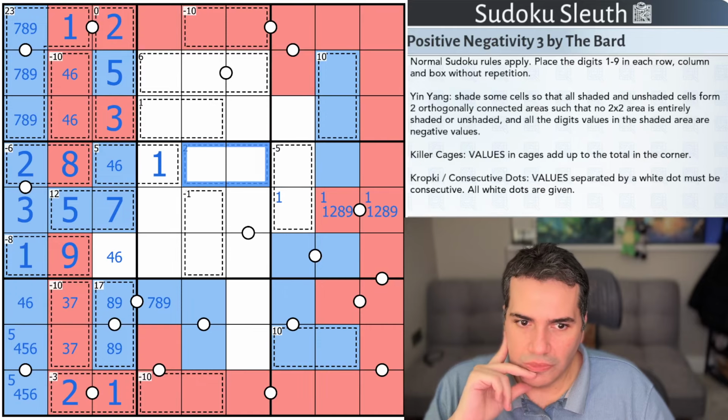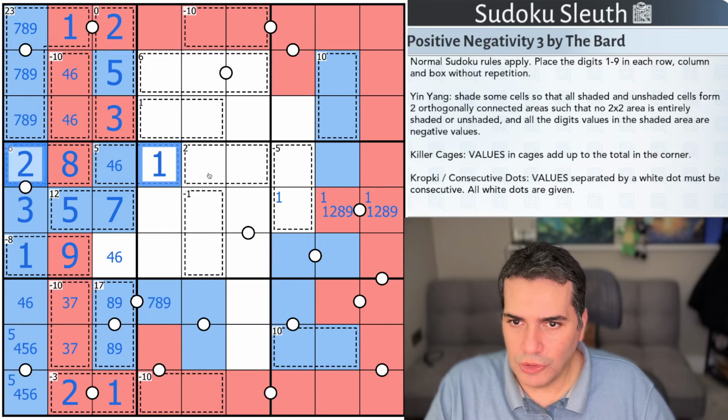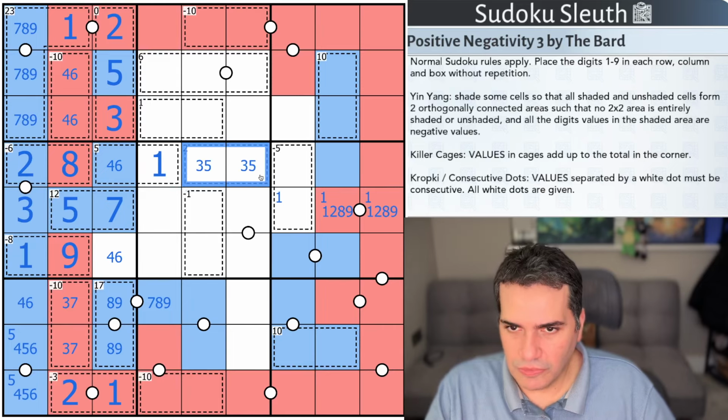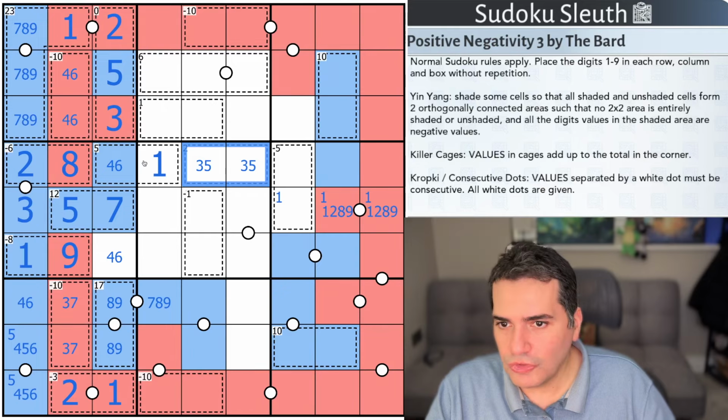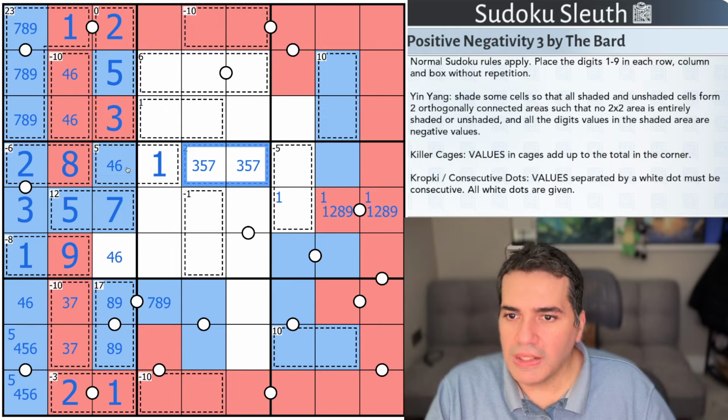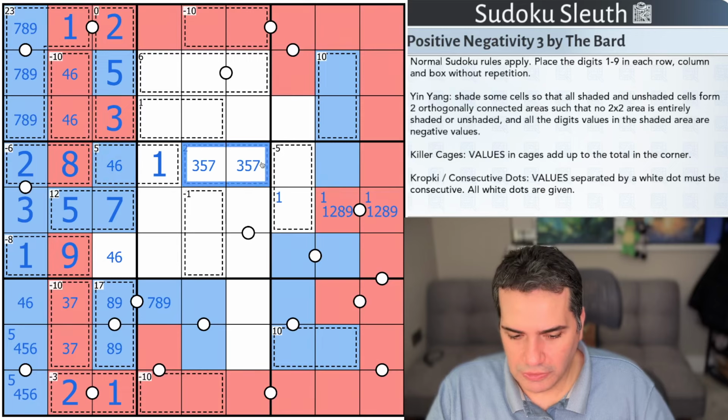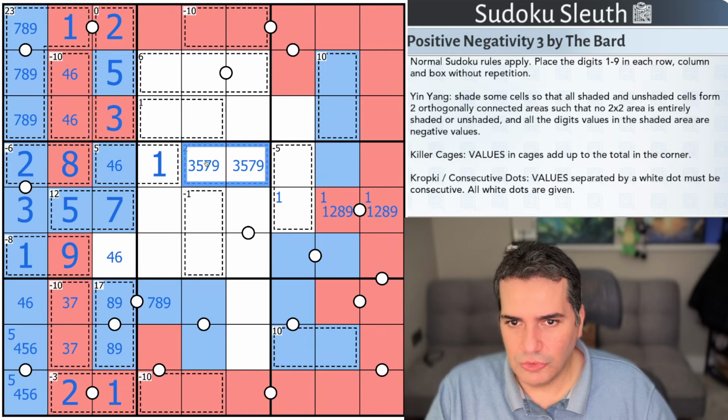Right. Difference of 2. 1 and 2 are gone. 3, 5 works. 4, 6 doesn't, it breaks this cell. 5, 7 works. Again, 6, 8 doesn't. And then 7, 9 does. So we have essentially two odd digits in here with a difference of 2. Not enough. It's like somehow this suddenly became a parity puzzle, which is quite interesting.